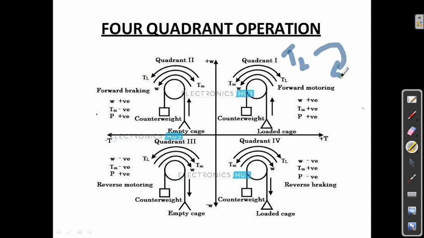For example, if you take a lift, with the motor torque anticlockwise as well as the speed anticlockwise, it works against the clockwise load. If the load is downside, then the lift will go up.